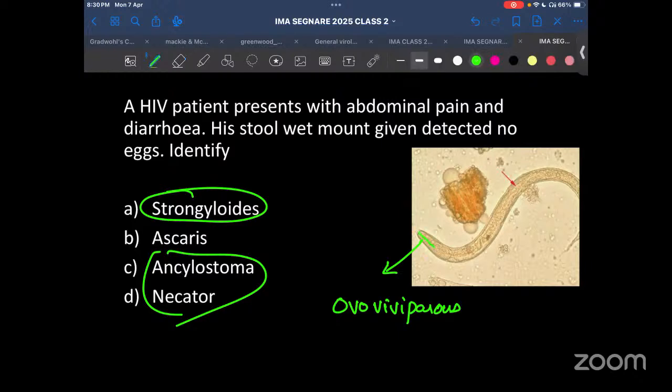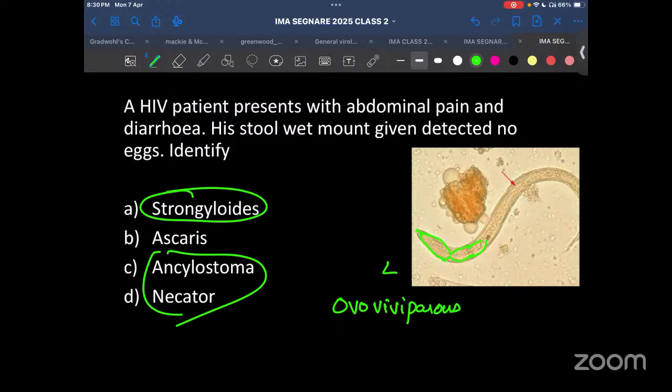They will have a long buccal space, and then only the esophagus starts. For Strongyloides, there is a short buccal space, and immediately the esophagus starts. There is a double bulb esophagus, which you can see in hookworm also. So with the double bulb esophagus you cannot diagnose.